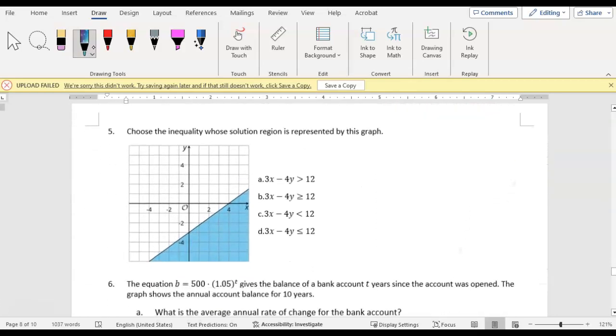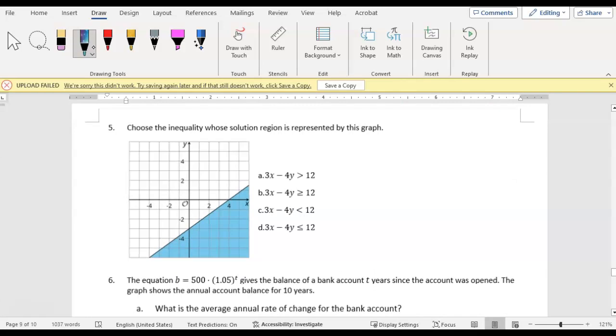All right, number 5 says choose the inequality whose solution region is represented by this graph. So again, this is a review, and let's go ahead and take a look at what this could possibly be. We can start by looking at the line, which is solid.